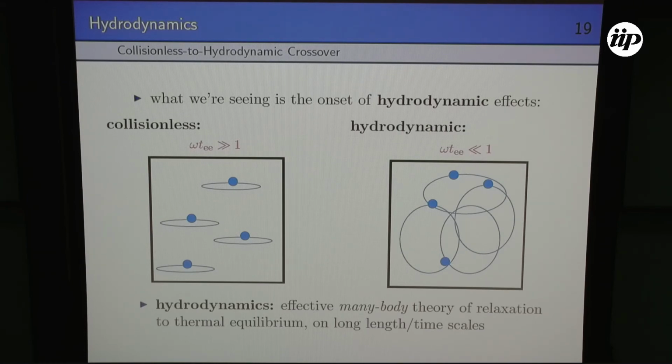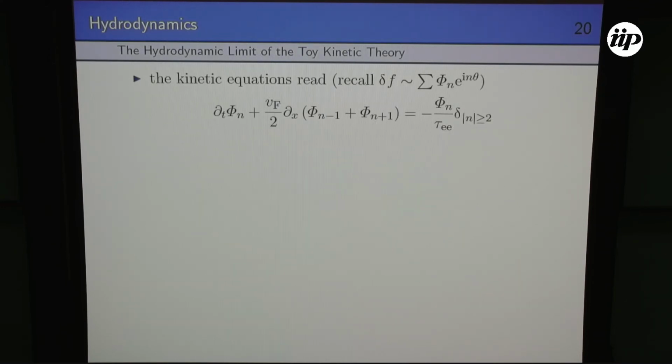And we'll see that what's happening here is essentially that you're replacing the single particle modes of the conventional textbook approach with collective hydrodynamic modes. Okay? So in the kinetic equations, this limit's very simple to understand. If I write down the equations governing the harmonics of my fluctuating Fermi surface, so these are phi sub n, I get this hierarchy of equations, and the n equals 2, n equals 3, etc. modes are all decaying.